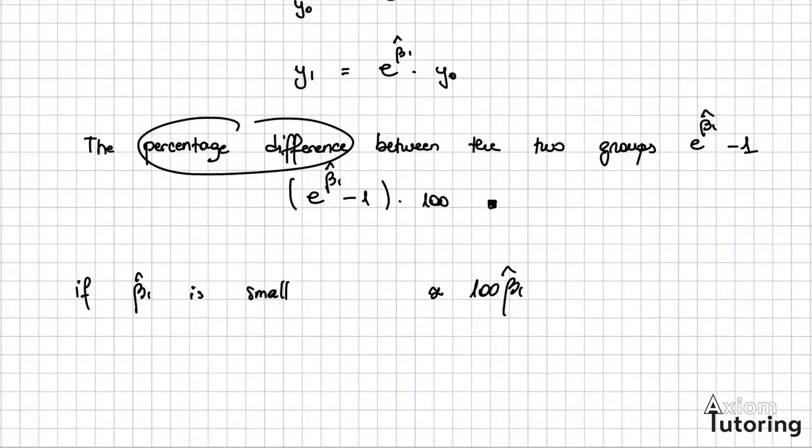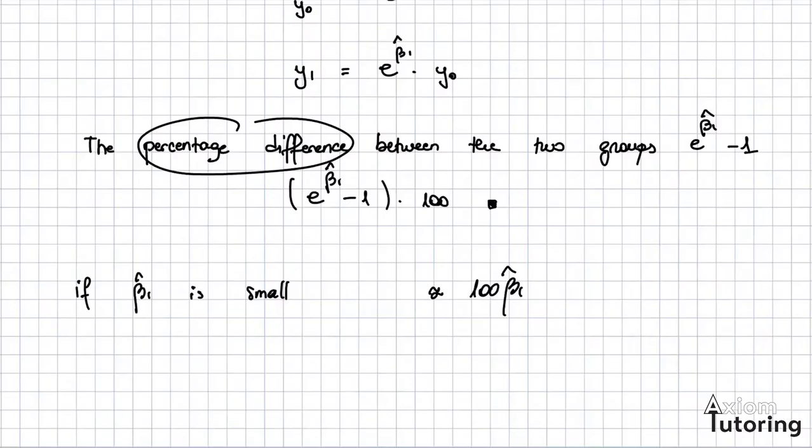So you see how the interpretations and the intuitions that we had in the coefficient interpretation of the log level model intertwine with the dummy variable, and the combination gives us that the coefficient on the dummy in the log level model is just the percentage difference between the two groups.